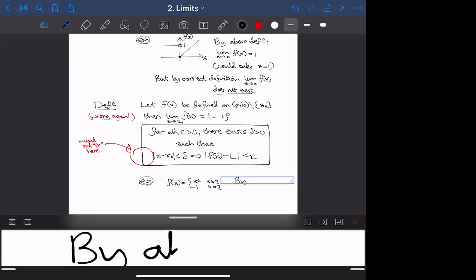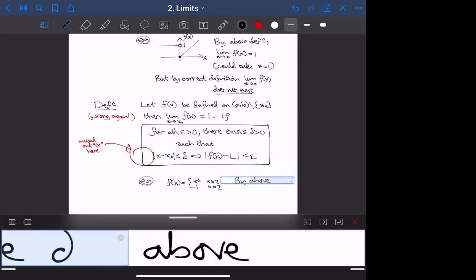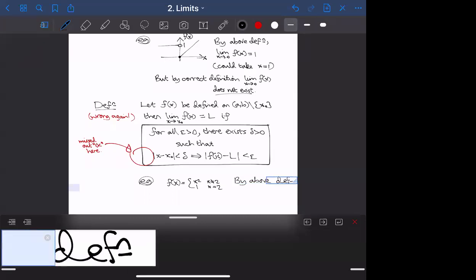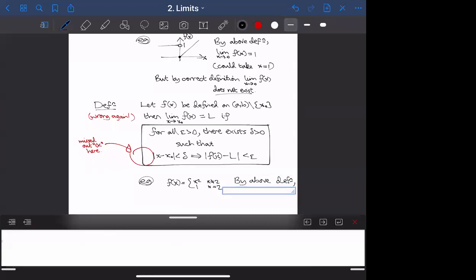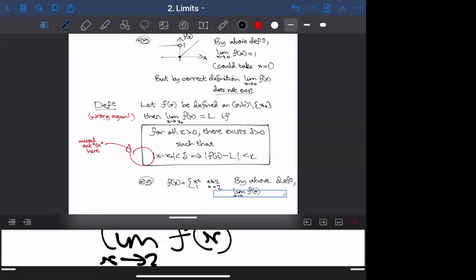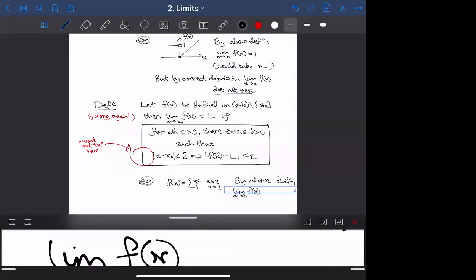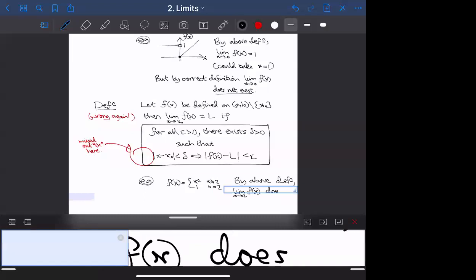So by the above definition, the limit as x goes to 2 of f(x) actually does not exist.